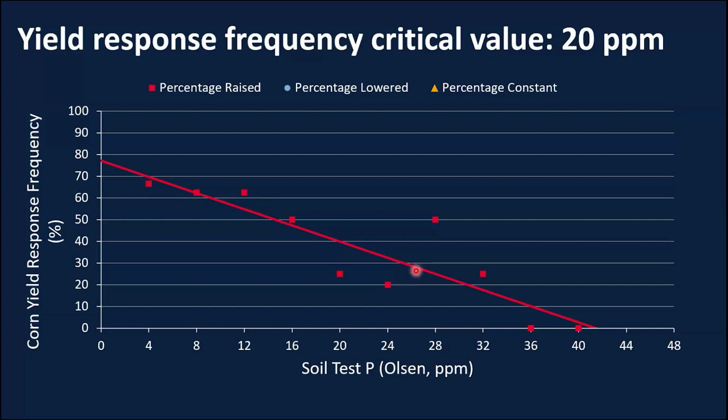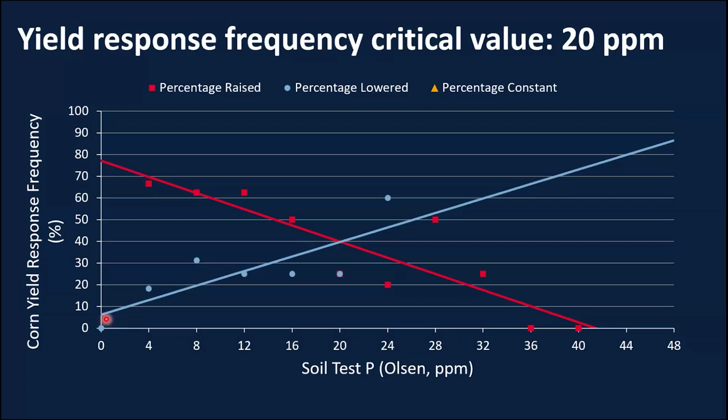Something we don't really think about is if we're adding phosphorus, does it ever decrease yield? The answer is yes, it can. As we increase in soil test phosphorus, if we add phosphorus fertilizer, sometimes we can get to the point of decreasing yield. The caveat is that this study, because it was a regional study, had one rate that we used.